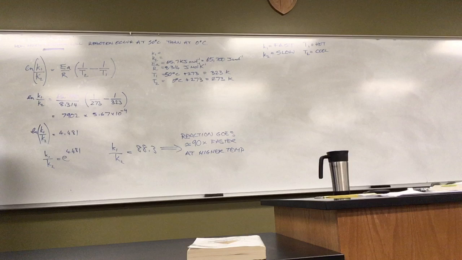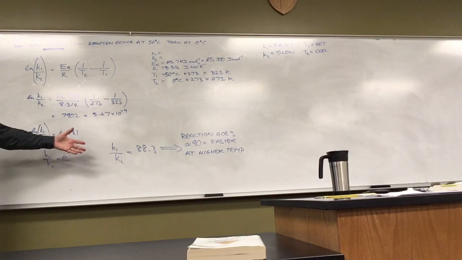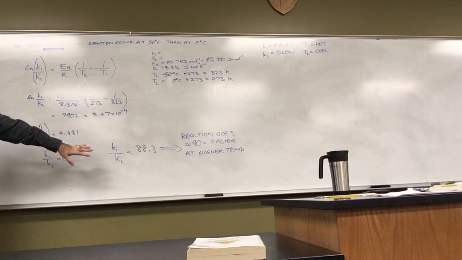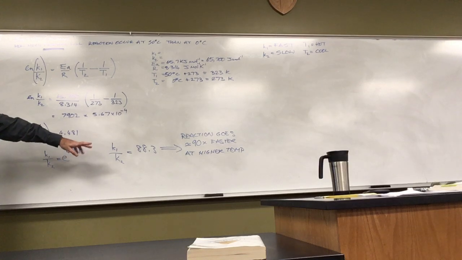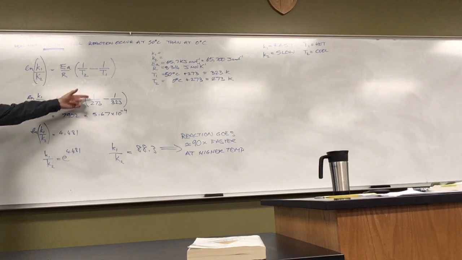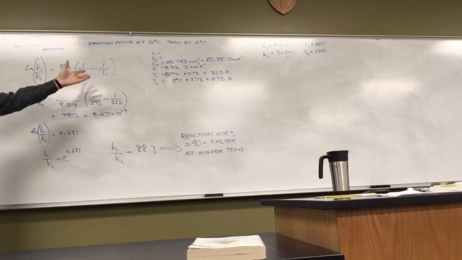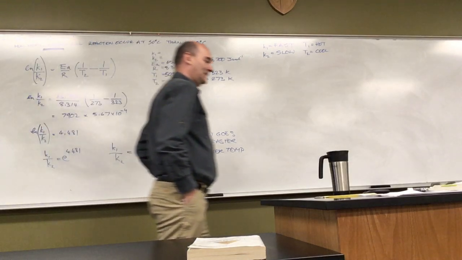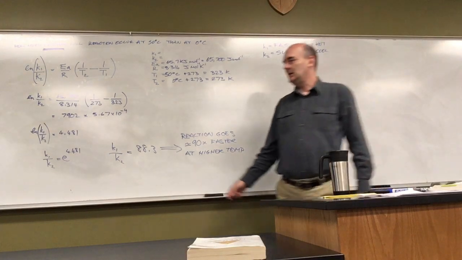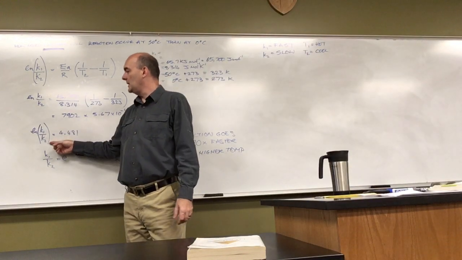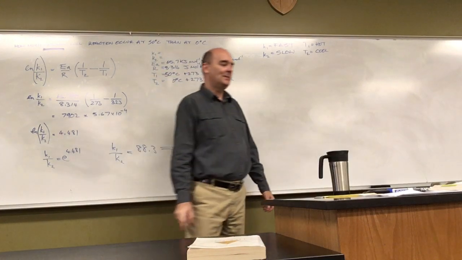Okay. Now, if you'd have done that upside down, your answer would have come out as 1 over 90. And you go, whoa, my reaction's getting slow. Oh no, look, I put my temperatures the other way around. So I did little number divided by big number instead of big number divided by little number.